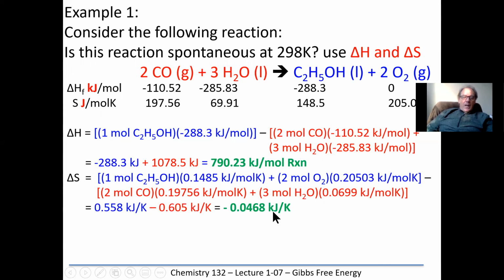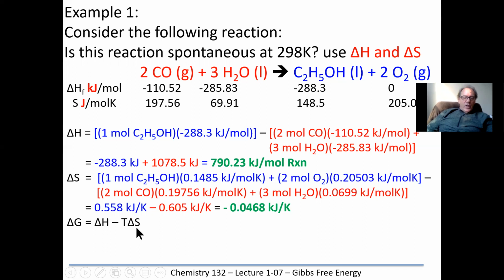Most common mistakes made when delta G's are calculated using delta H and delta S values, and delta G equals delta H minus T delta S, is for students to forget to add units. And they end up with an answer that is ridiculous that I'll talk about a little bit later.